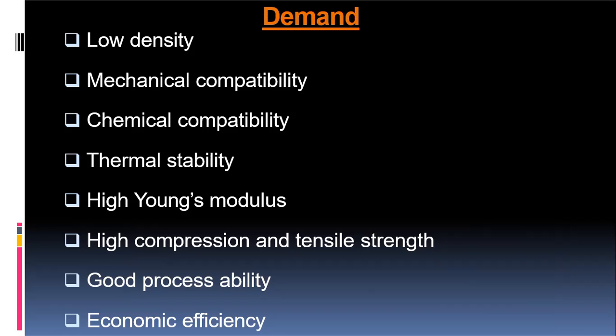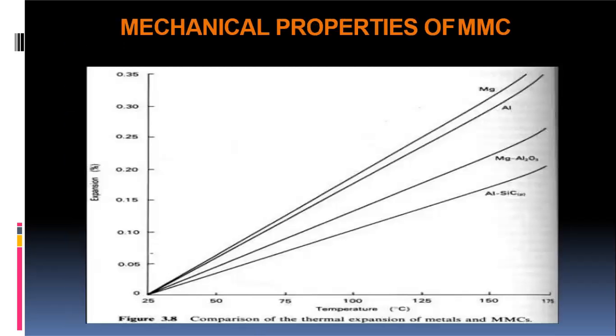So there come good processability, economic efficiency, and high compression and tensile strength properties of a metal matrix composite.